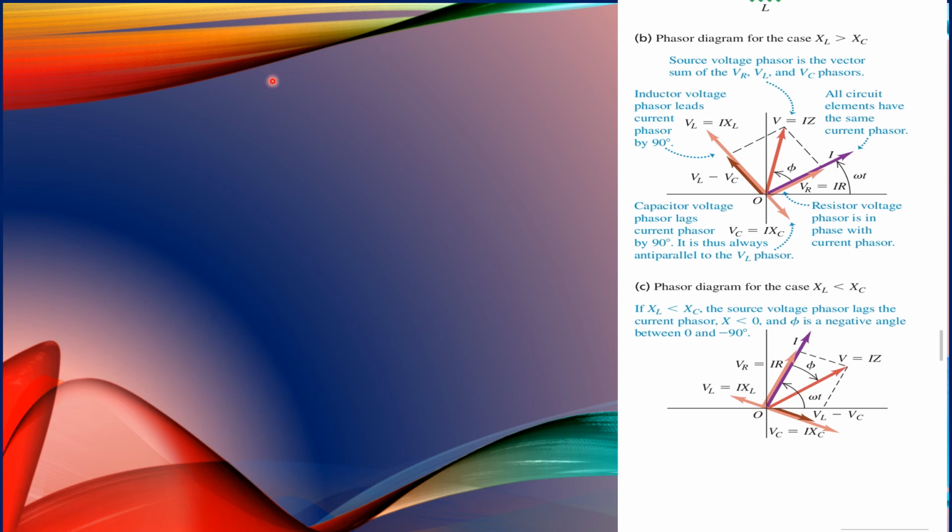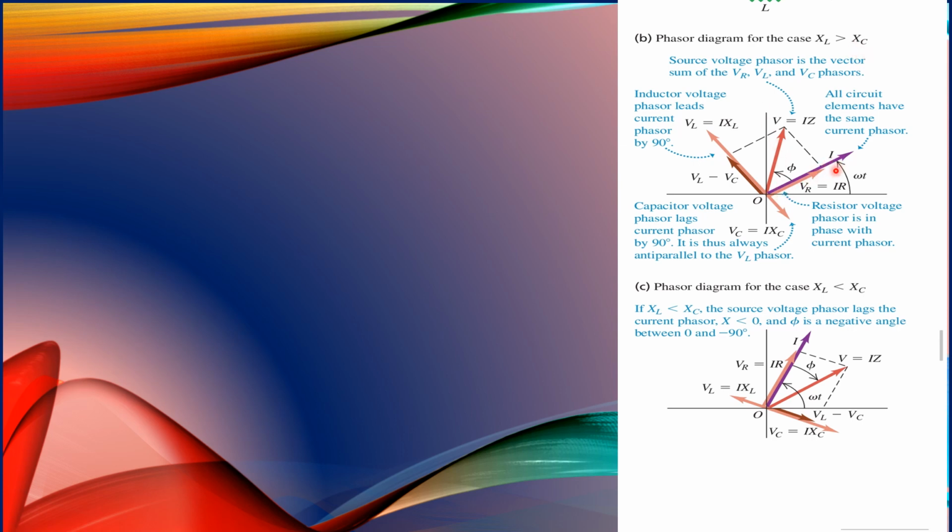Analyzing this circuit requires a phasor diagram that includes the voltage and the current phasors for each of the components. We have here in this figure, letter B, the case when the inductive reactance, capital X_L, is greater than the capacitive reactance, capital X_C.